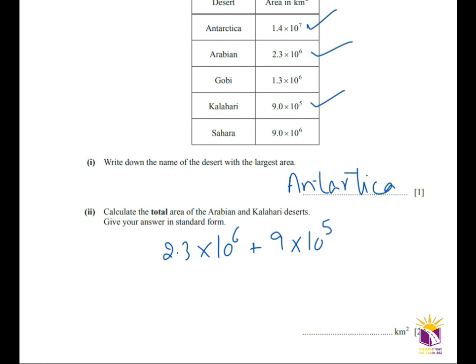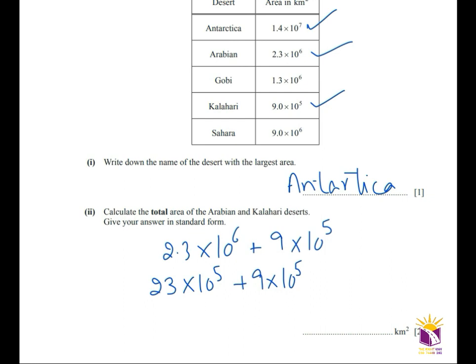Now, one has a 10 raised to power 5 and one has 10 raised to power 6. So I am going to write it as 23 multiplied by 10 power 5 plus 9 into 10 power 5. Now their powers of 10 are the same.